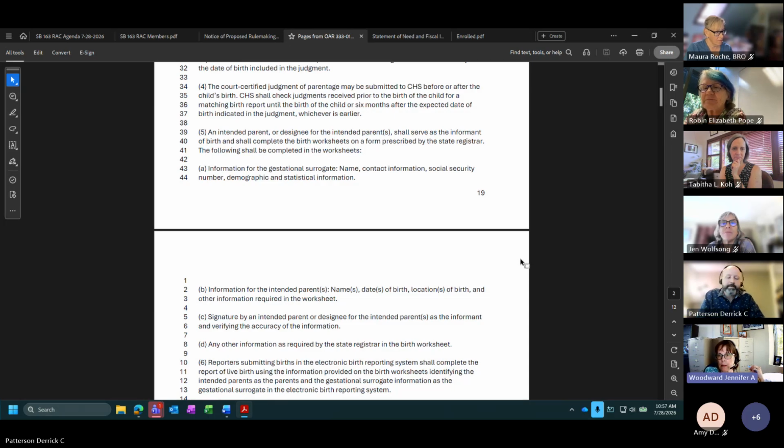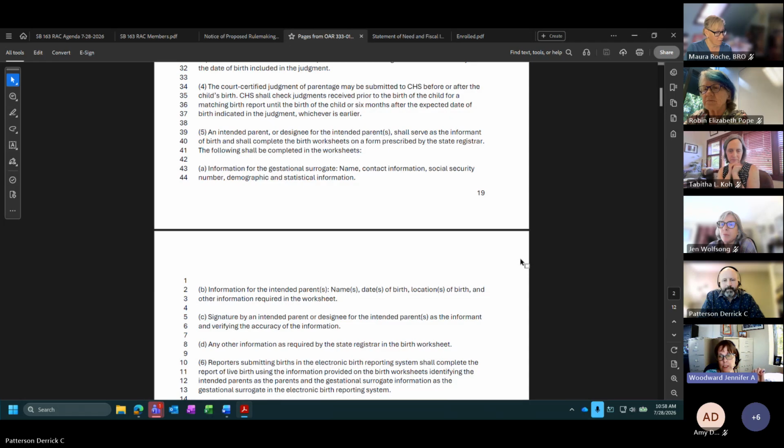Yes. I think the thing is that these are the worksheets that we have to gather the standard information for completing a birth record and the statistical information. Occasionally we do get changes. We modify, update, and reformat them, or we're asked to gather additional information for statistical purposes.